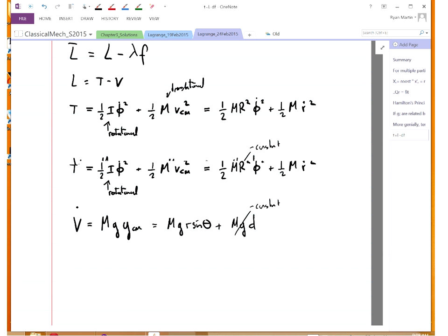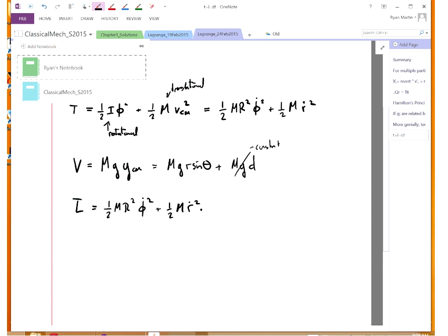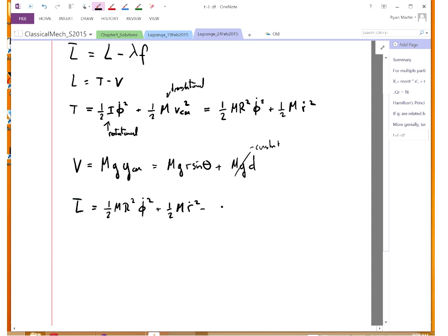So that means I can now write out the Lagrangian, L bar. It's T, which is a half capital M capital R squared phi dot squared plus a half capital M lowercase r dot squared, and then minus V, which is minus capital M G lowercase r sine theta.